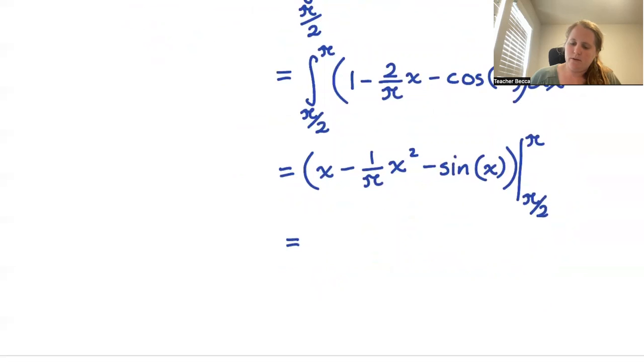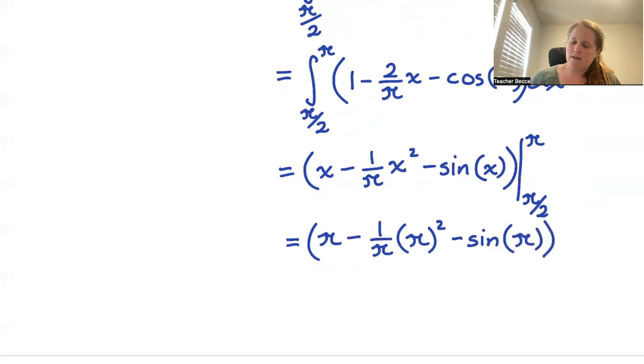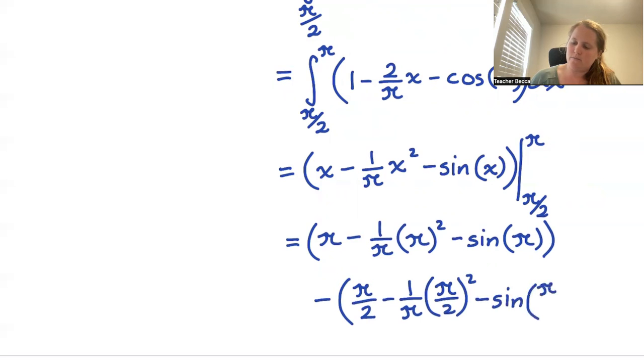Plugging in, we are looking at pi minus 1 over pi times pi squared minus sine of pi. Then from that, we are subtracting off pi over 2 minus 1 over pi times pi over 2 squared minus sine of pi over 2.